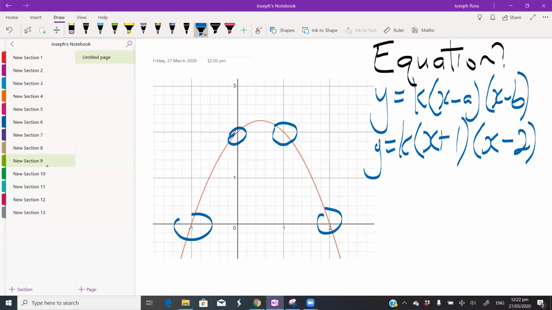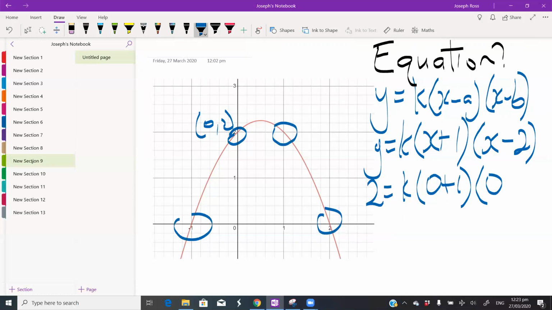So therefore, if we substitute in (0, 2), so x is 0, y is 2, we get 2 equals k times (0 plus 1), so we're replacing the x with 0, and (0 minus 2).